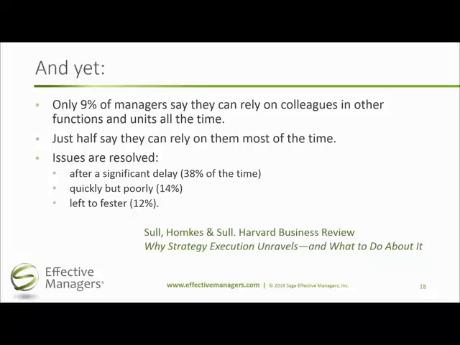So they're standing around waiting for decision making, in this unresolved situation with their peer. In 14% of the cases, the organization was able to resolve the issue quickly, but they did a poor job of it. And 12% of the time, it's the go-to option: do nothing, hope it'll go away. So it's just left to fester. So people have to try and work it out on their own.